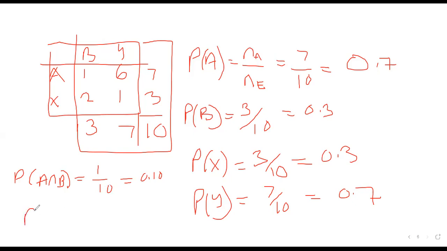Can somebody tell me X intersection Y? What is the probability of X intersection Y? It's 1 over 10, they're meeting at 1. 1 over 10, which is 0.1.